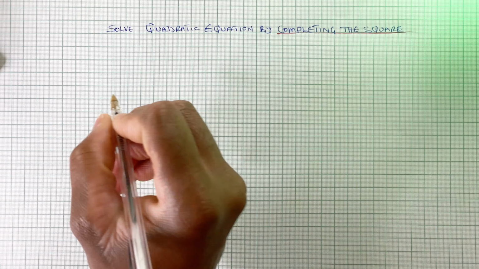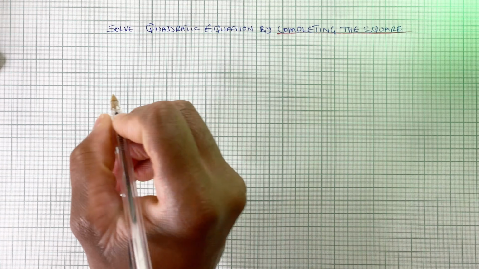Solving by completing the square requires the quadratic equation to be transformed into a into bracket x plus a number, squared, plus d.